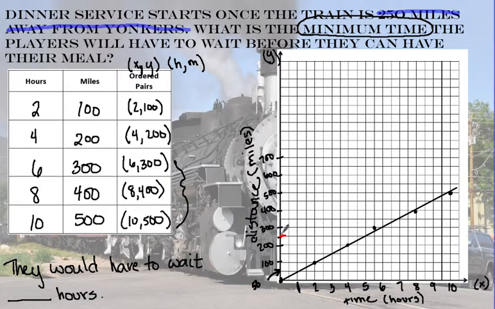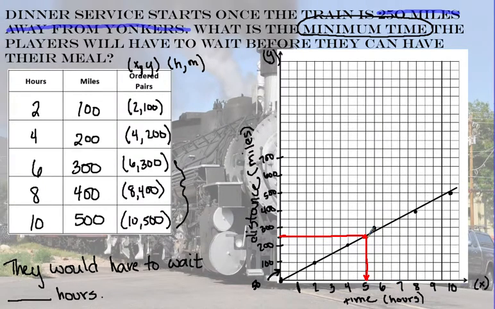So I'm going to follow that line all the way over until it hits my graph. This is where it hits my graph, so now I'm going to follow it down to figure out the amount of time it will take.